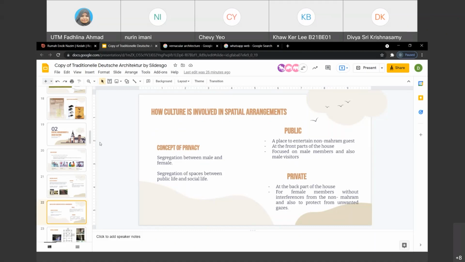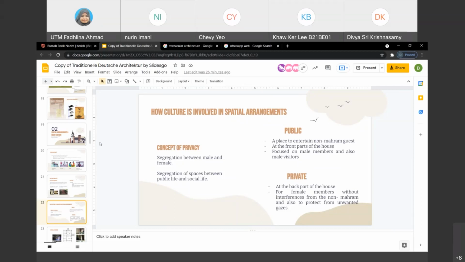Public is a place to entertain the non-mahram guests, who are considered non-family members. A public space is always at the front part of the house, and it is focused more on the male members or even the male visitors of the house.